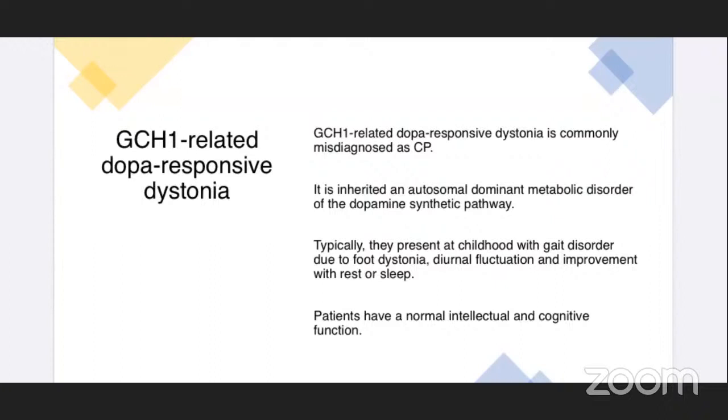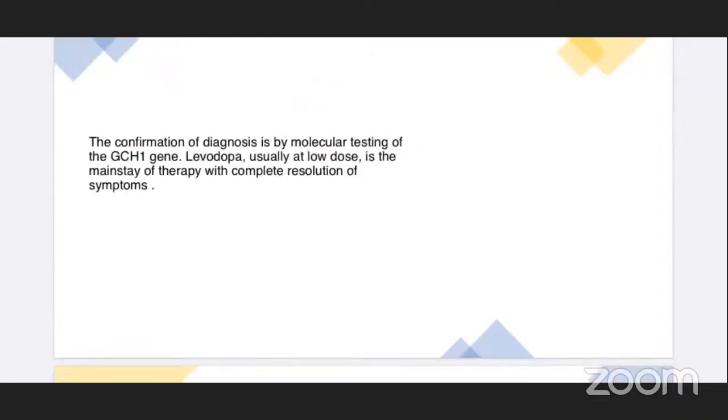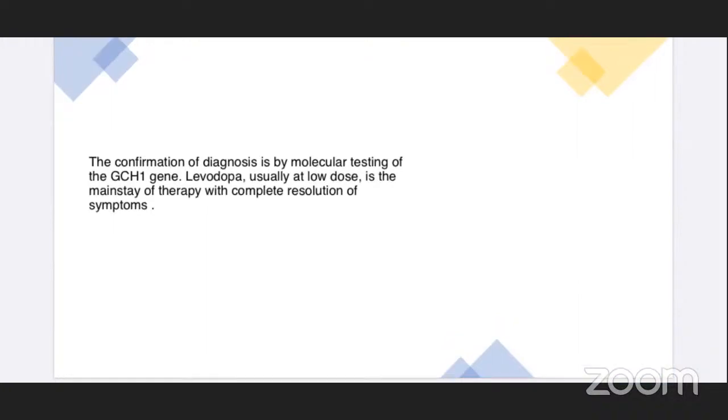Patients would have normal intellectual and cognitive function. Confirmation of the diagnosis by genetic testing would be by picking up the GCH1 gene. Levodopa, usually at low doses, is the mainstay of therapy, with complete resolution of symptoms. If we intervene and catch it early, the patient might have a normal childhood.